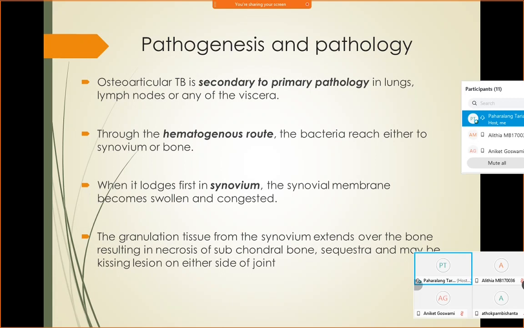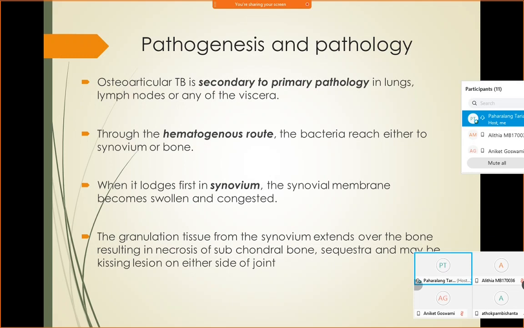As you all know, osteoarticular TB is basically secondary to a primary pathology, and this nidus is usually found in the lungs, lymph nodes, or viscera of the body. It spreads by the hematogenous route, and the bacteria reaches either the synovium or the bone. When it lodges in the synovium, the membrane becomes swollen and congested.